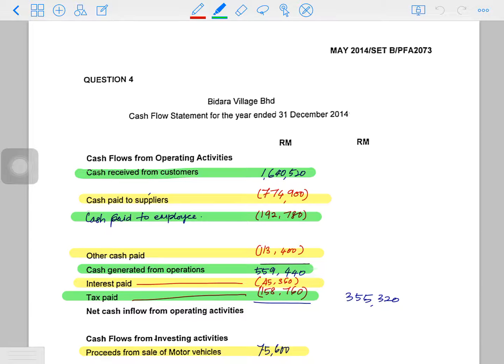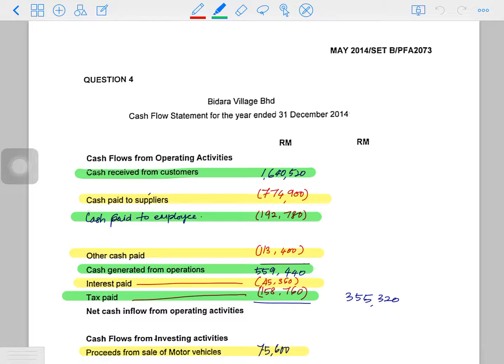Here the beginning is 45360 and the ending is 158760. So you just put in the amount 45360 and 158760, and you have to find out what the change is.